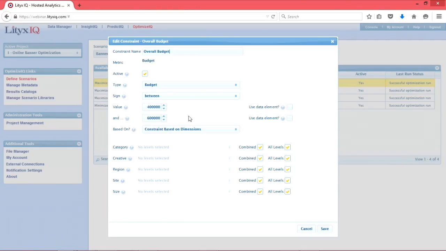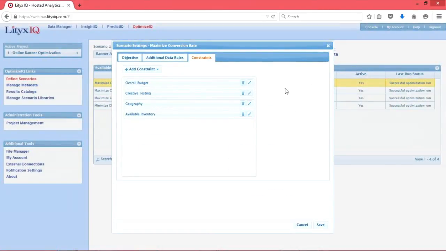Okay, so that's our overall budget range that we want to stay within. And essentially what I'm doing down here is saying that this constraint applies to all the levels of all 5 of our dimensions combined, okay, rolled up into one. So it's one big overall budget constraint.